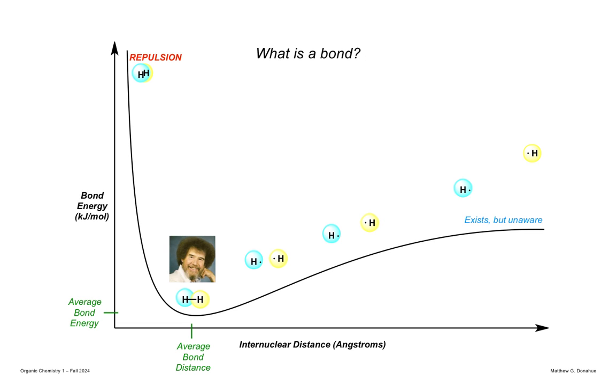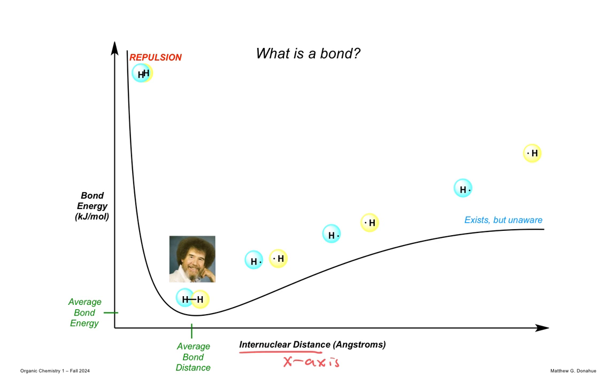So what is a bond? This is a pretty standard curve that you'll see when learning about chemical bonds. On the x-axis is the distance between the two atoms that are coming together to form the bond.